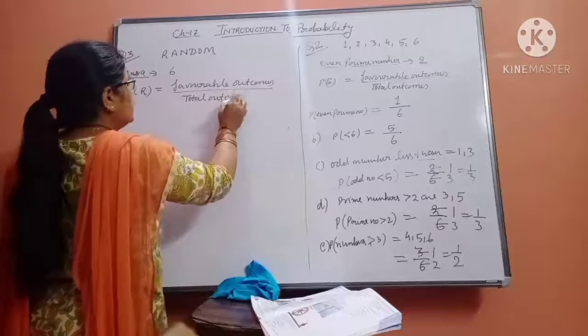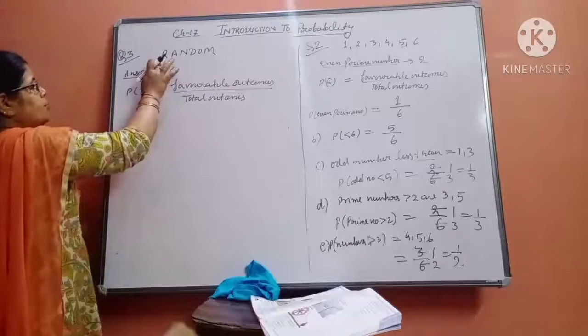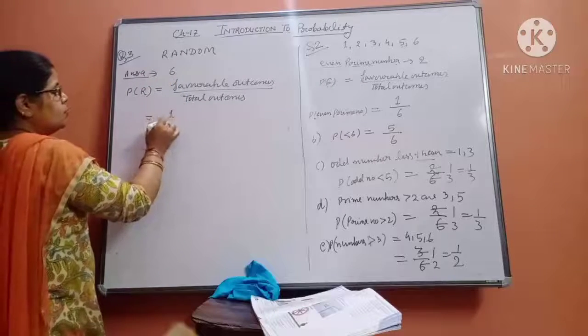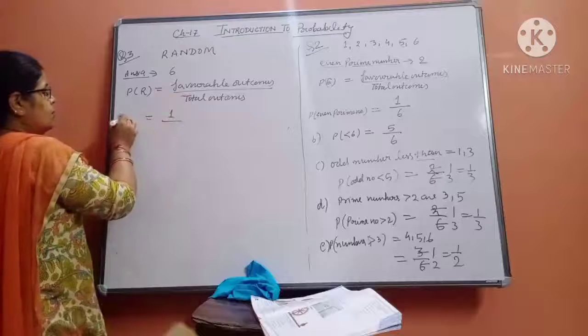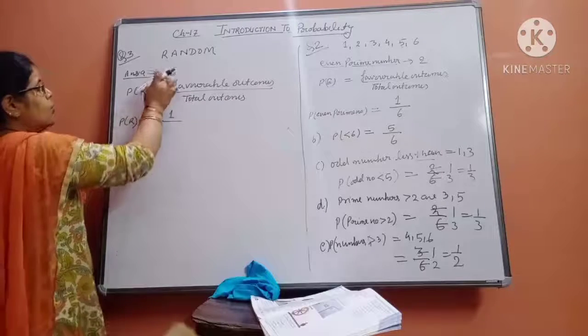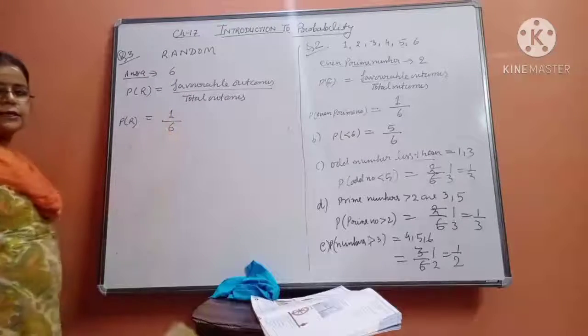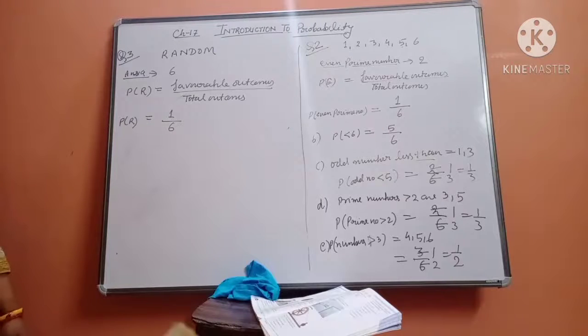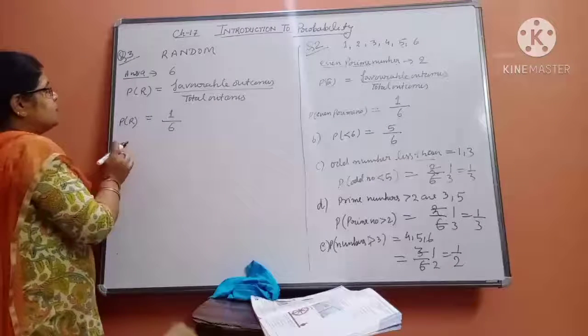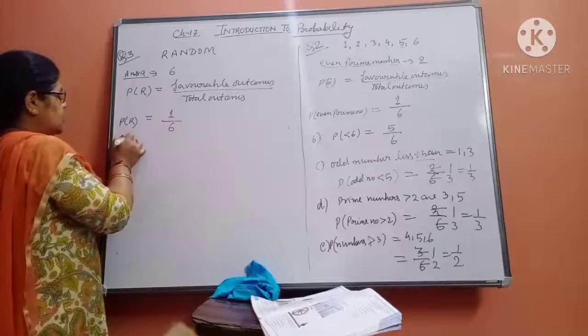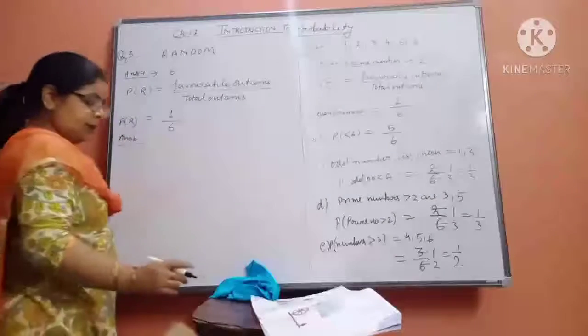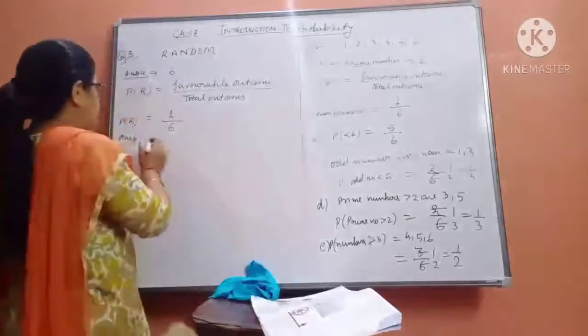So see, beta, how many times is R there? 1 time. So it will be the favorable outcome. And total outcomes, how many total chances are there? 6. So its probability will be 1 upon 6. Probability means chances. Now see answer B, and in answer B what is that? Probability of M.